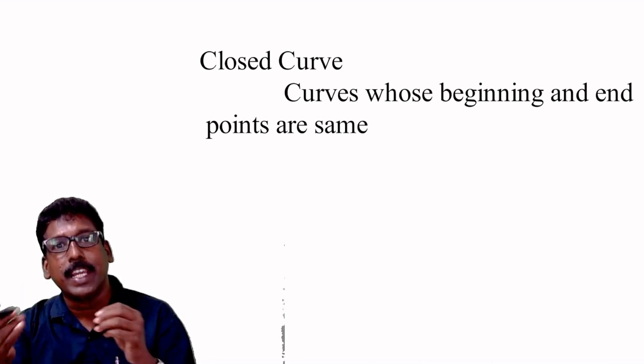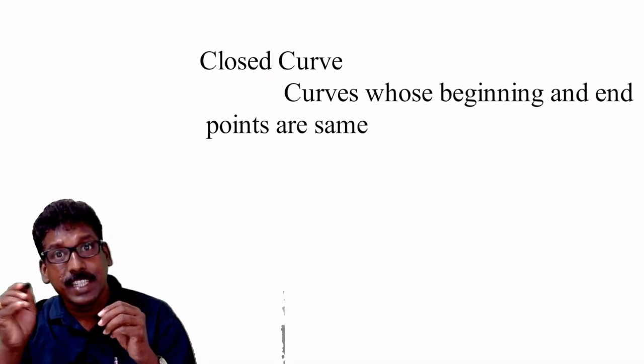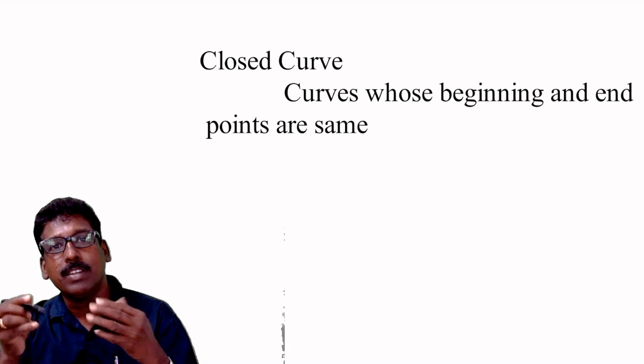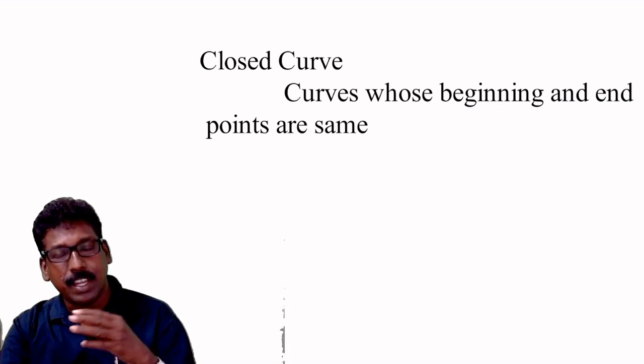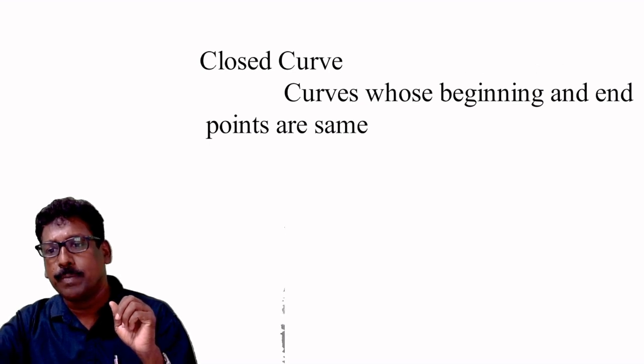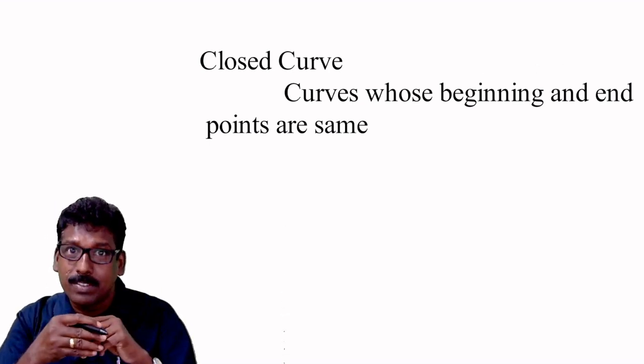Closed means you start at a point and reach the same point, whereas in an open curve the starting and ending points are different. If so, can you draw three closed curves and three open curves?